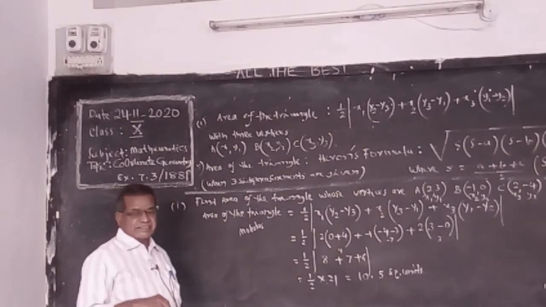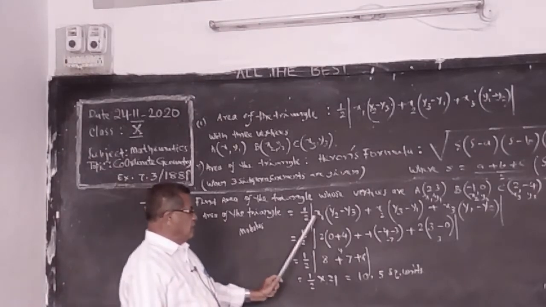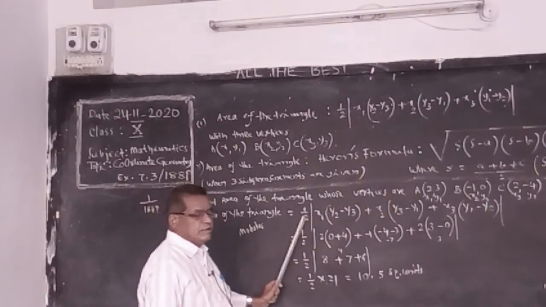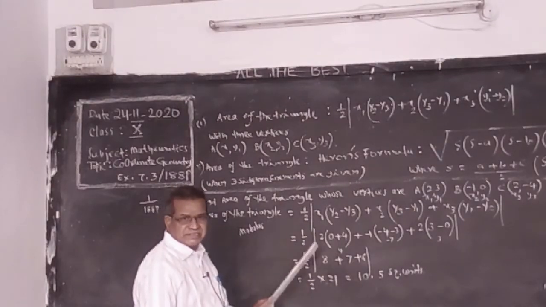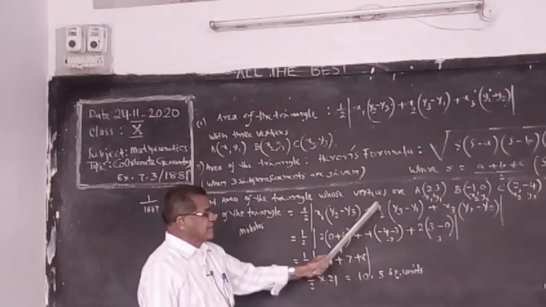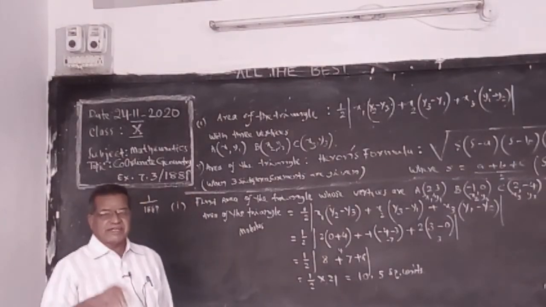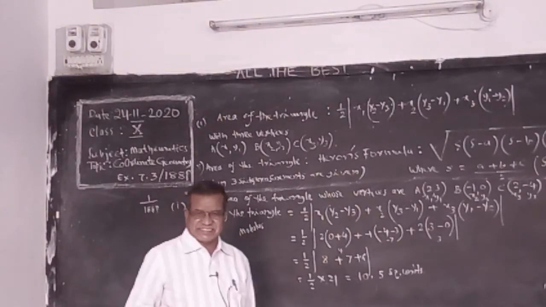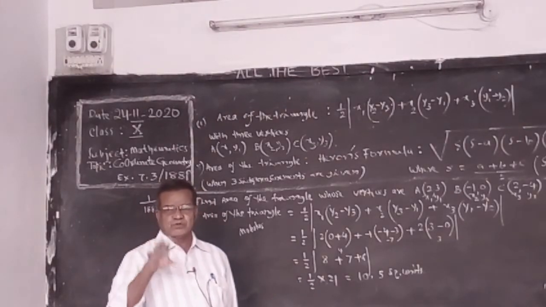Very interesting and important, and easy to learn. Write the formula 10 times: half modulus. There are 3 brackets. Why only 3? Because a triangle contains 3 vertices: 3 vertices, 3 brackets, x1, x2, x3.